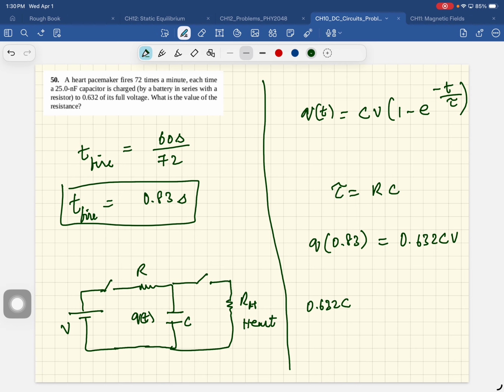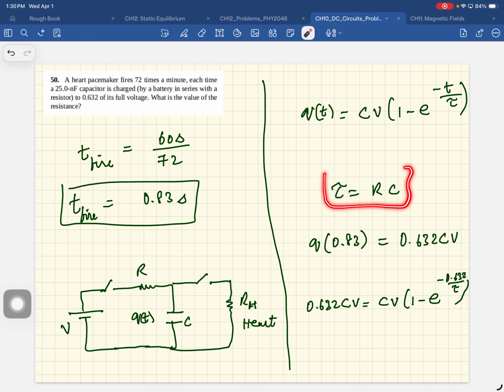So 0.632 CV equals CV times 1 minus e to the power of minus t over tau. You see everything cancels except for tau.